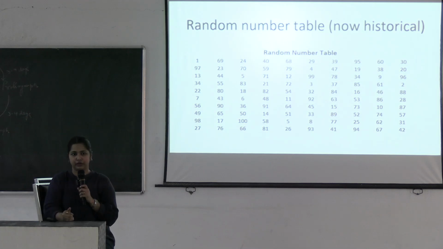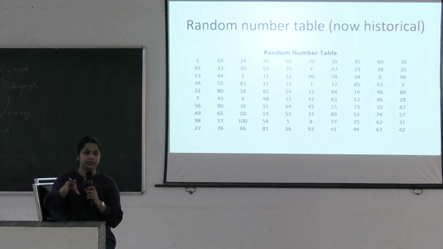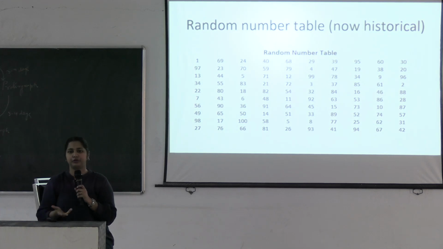Whenever a patient will get allocated, they will come, and the person who is sitting and in charge of giving the envelopes will take the envelope at the top and give it to them. They will open it and see, okay, I have been allocated to group A. Then they will go. So neither the person giving the envelope nor the participant will know what group they are going to get.